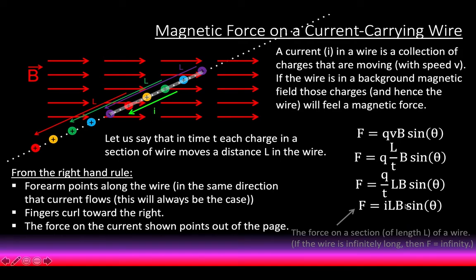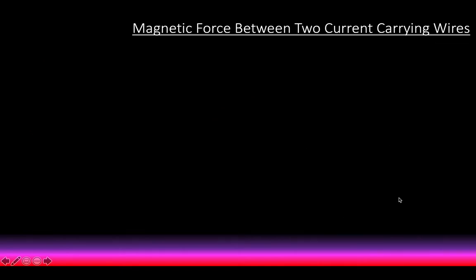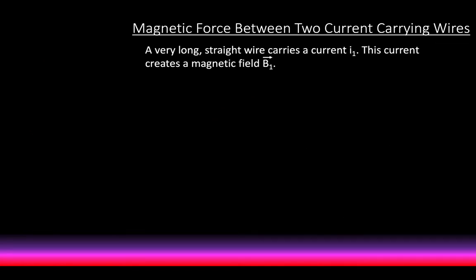What if that something else that creates the magnetic field is a second wire? So let's consider a very long straight wire that carries current I1. So wire number 1 carries current I1, and this current will create magnetic field B1.